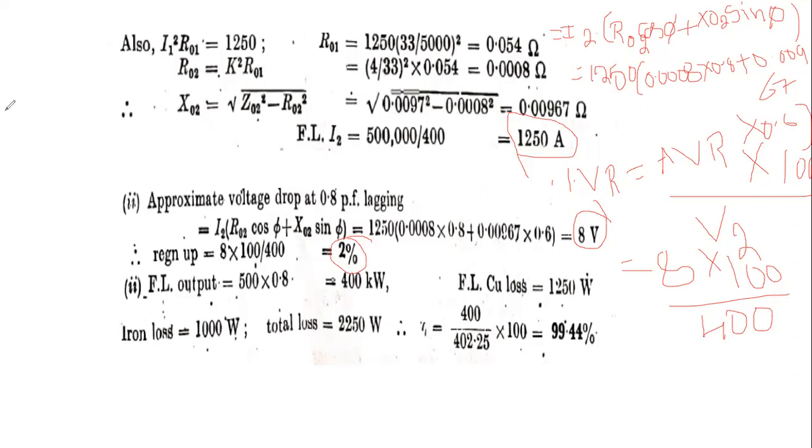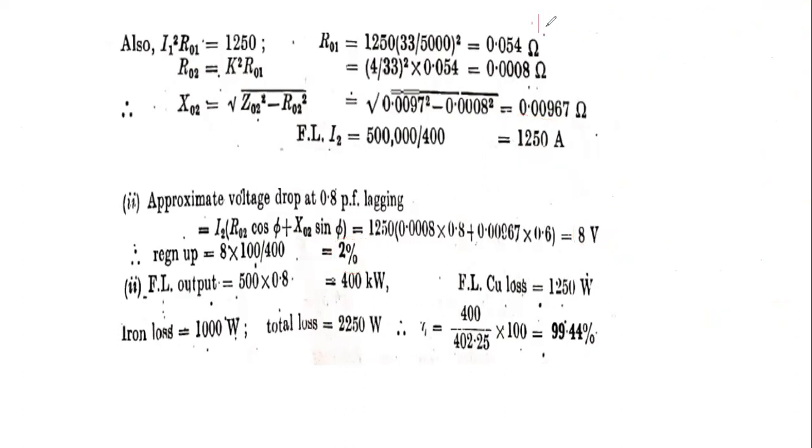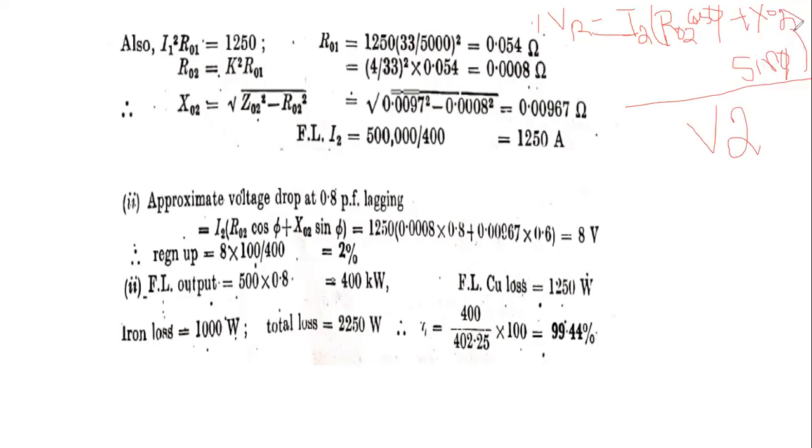Otherwise, we can use this formula for percentage voltage regulation: percentage VR is equal to I2 into R02 cos phi plus X02 sin phi, by V2, into 100, the whole multiplied with 100.